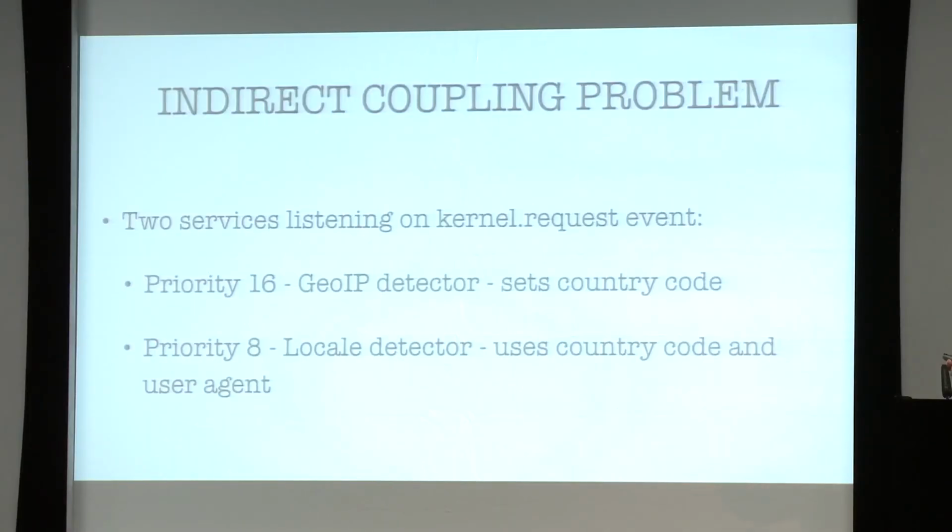The indirect coupling problem that I mentioned, I think the easiest way to explain it is with an example that we actually had. On kernel request, we had two listeners. One was the geo-IP detector, which was getting the IP and just setting the country code. The other listener was the locale detector, which was getting the country code and the user agent, and then just setting the proper locale.